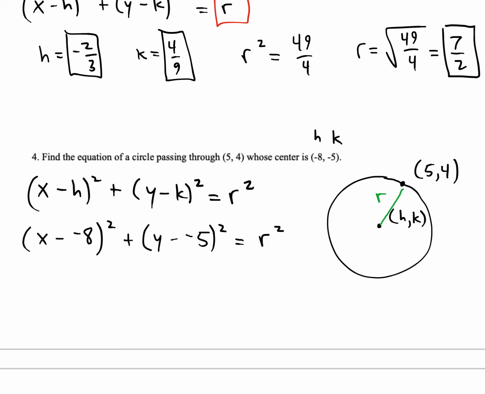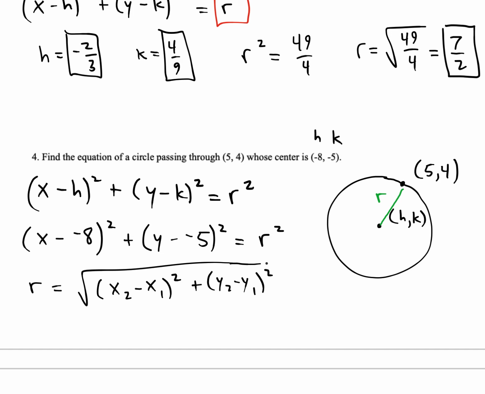And that distance will be r. So our r is going to be the square root of (x2 minus x1) squared plus (y2 minus y1) squared. That's the distance formula between two points in the two-dimensional coordinate plane.